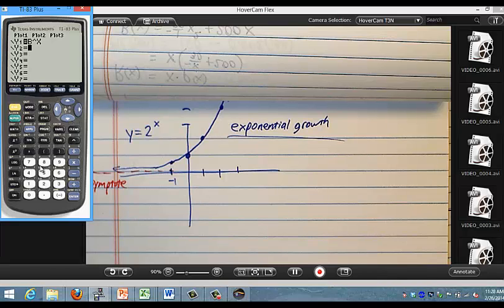So I could go down here and do 5 to the x power, and we could compare the graphs. Well, what do you notice? It grows a lot faster. I should have expected that. It still goes through 0, 1, doesn't it? Wouldn't it be true that every function of the form b to the x power goes through 0, 1? Yeah.